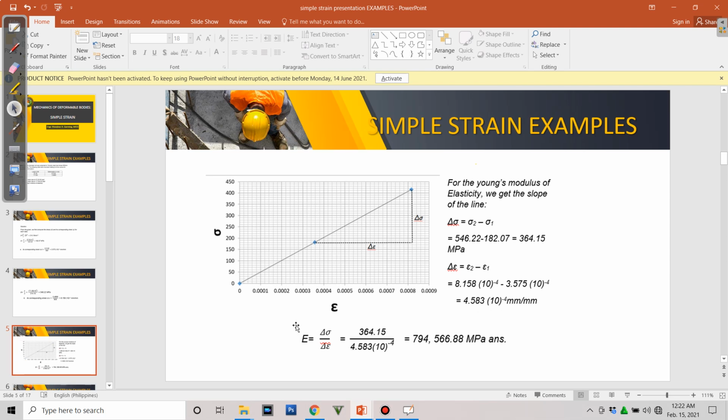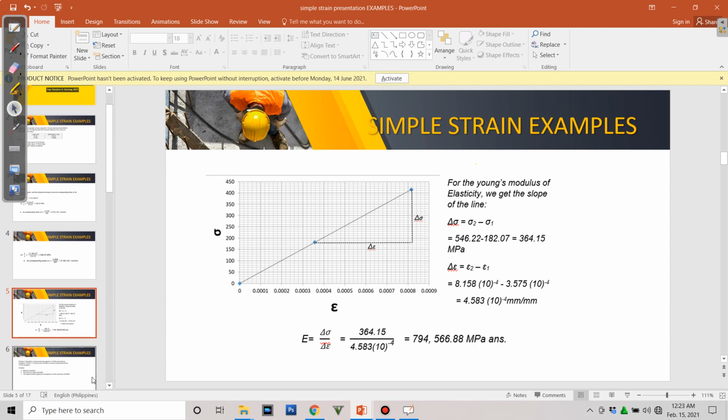Applying the modulus of elasticity, stress over strain, we use the delta on the y-axis and the x-axis. By dividing that, we yield 794,566.88 megapascal. That will be our answer for the first problem.